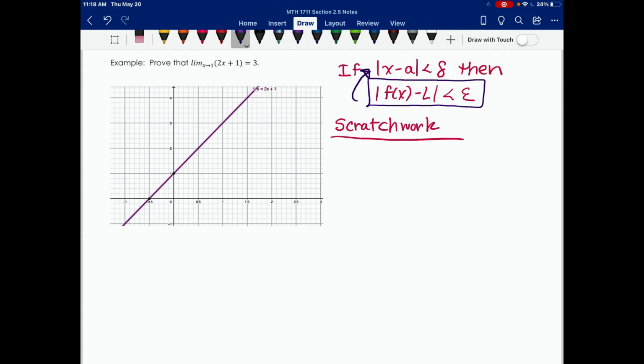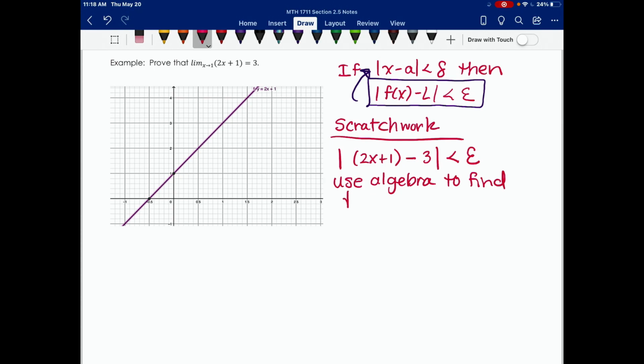So the main idea: if I plug in my f of x, that's 2x plus 1, and I subtract my limit, which is 3, that needs to be less than epsilon. So now I need to use algebra to find delta by breaking down the statement so that I have it in this form.